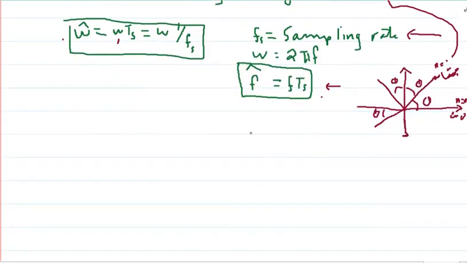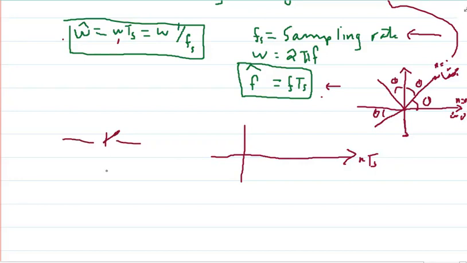When we sample this, with sample period Ts, or 1/Fs equal to Ts, then from here to here, between a sample and the next sample, is Ts, which is the period.